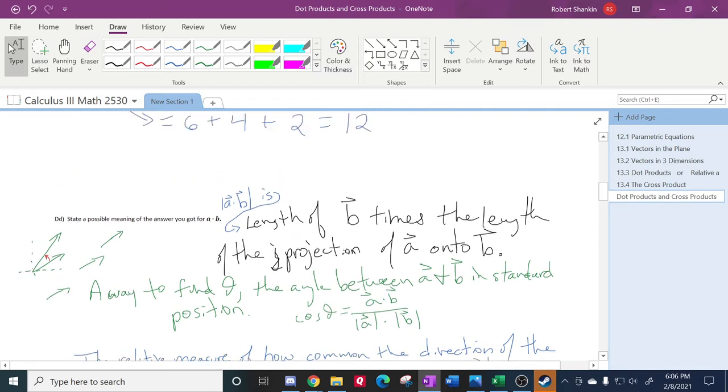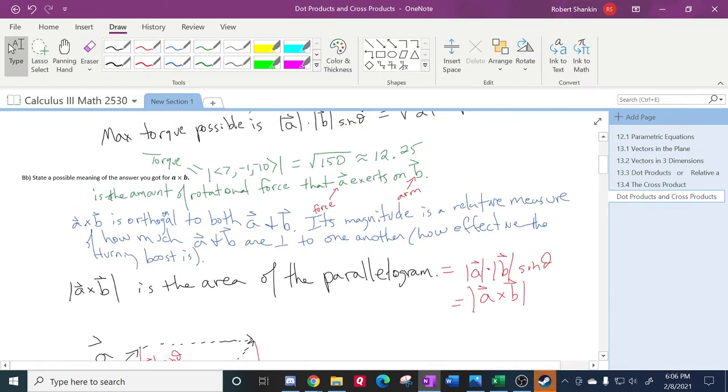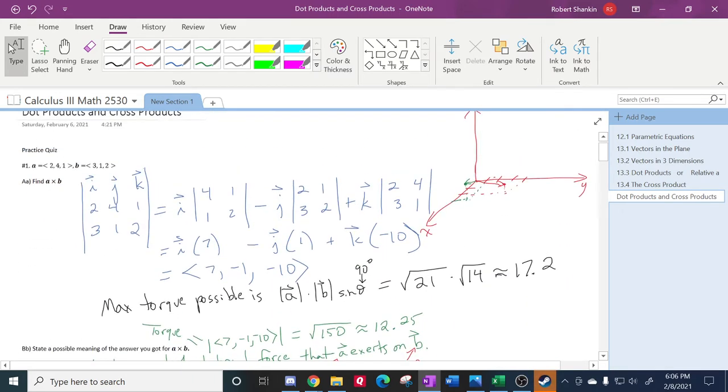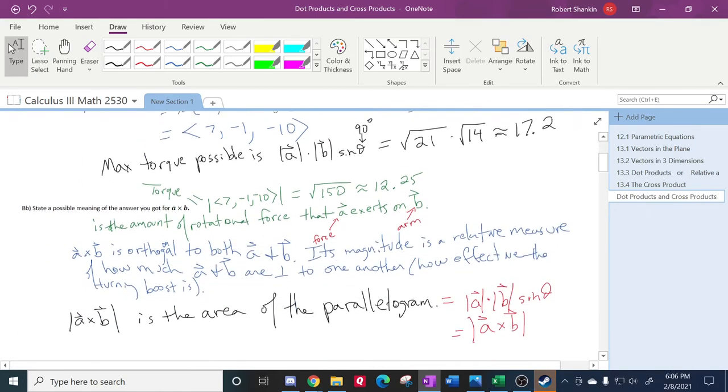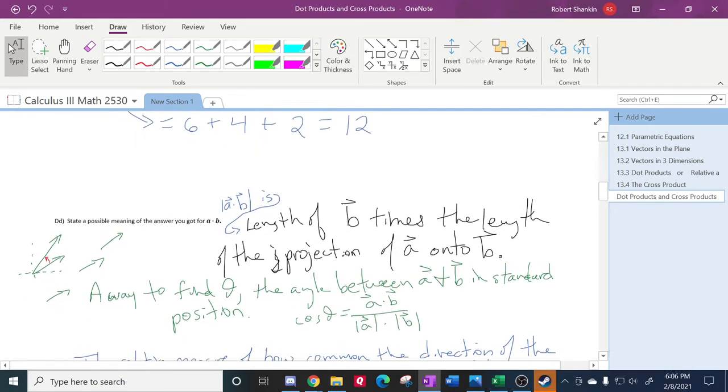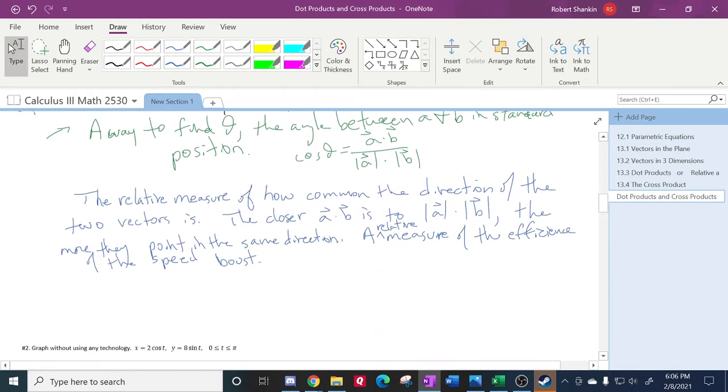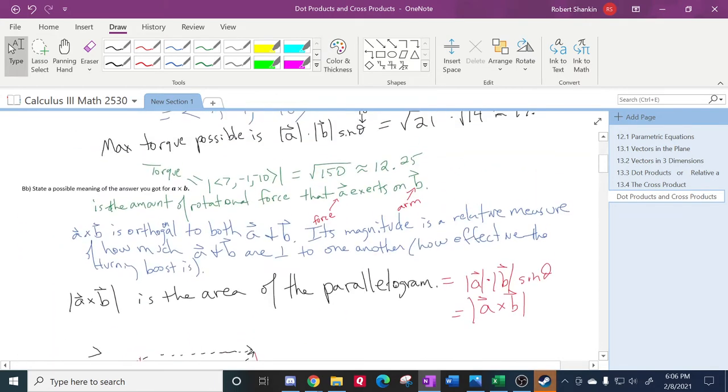All right. Give me a little feedback on this question number 1 in totality now, with dot products, cross products. Was this useful?